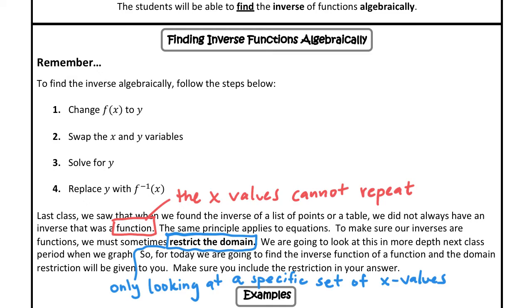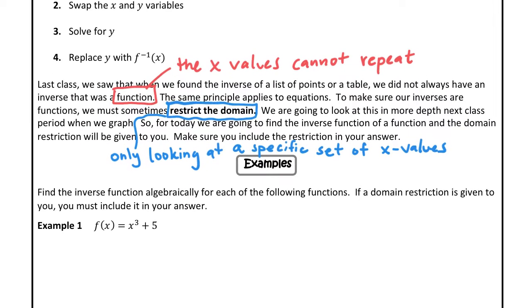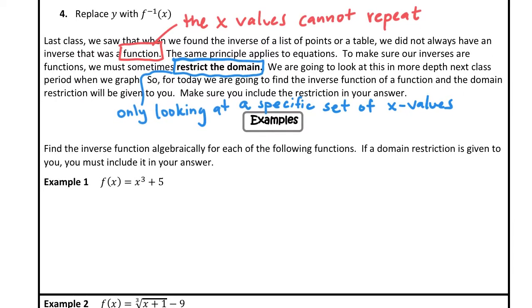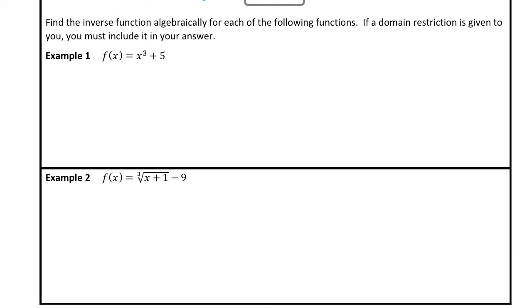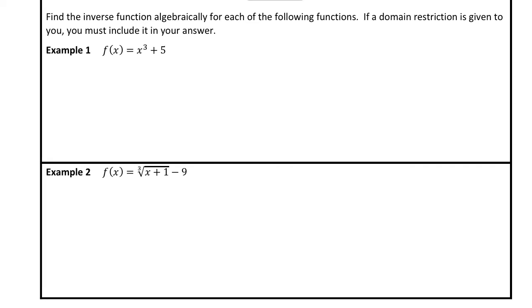Right, so let's jump into the examples. It says here to find the inverse function algebraically for each of the following functions. If a domain restriction is given, you must include it in your answer.